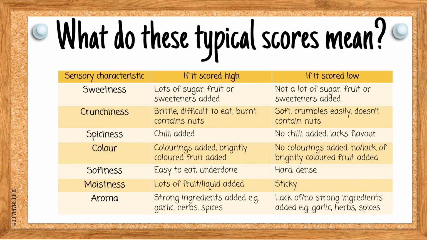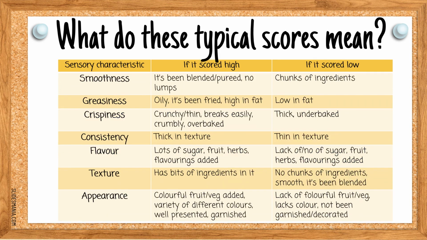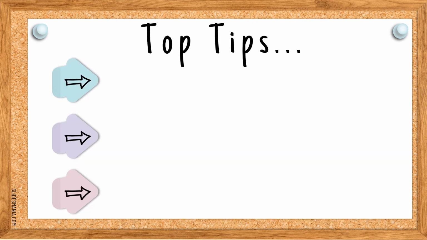If you had a cake that was scoring low for softness, that might mean it's quite hard and dense. You may wish to pause on this screen and the next screen to have a look at these common sensory characteristics and see what they scored high and low in and what that would mean in terms of the product.